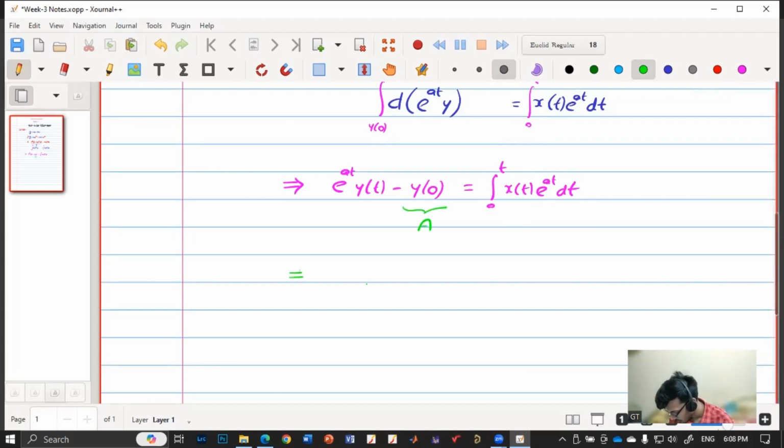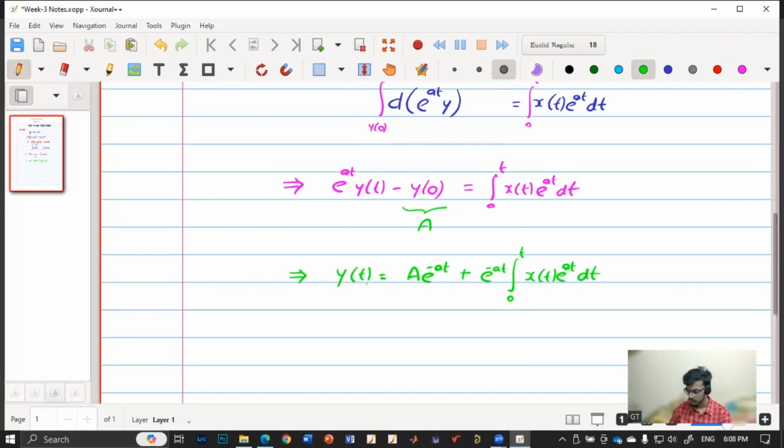So now we will get y of t is equal to a into e to the power minus at plus e to the power minus at into integral 0 to t x of t e to the power at dt. Do you agree?